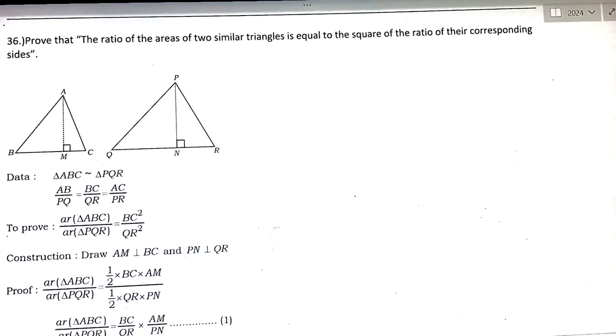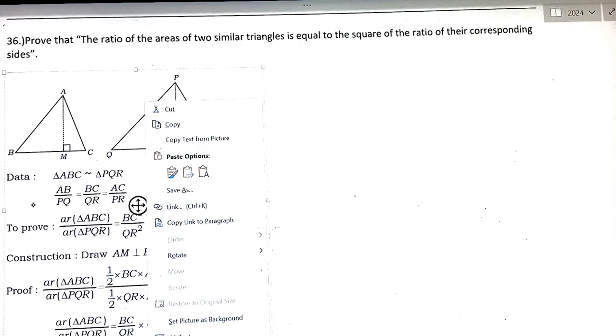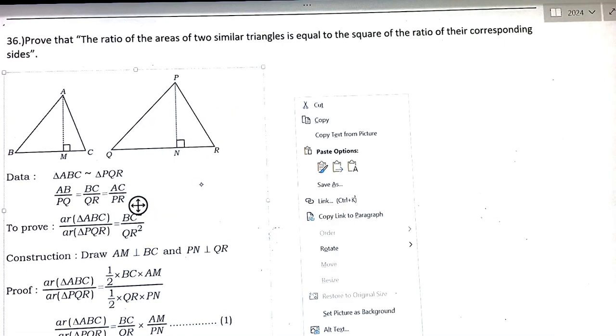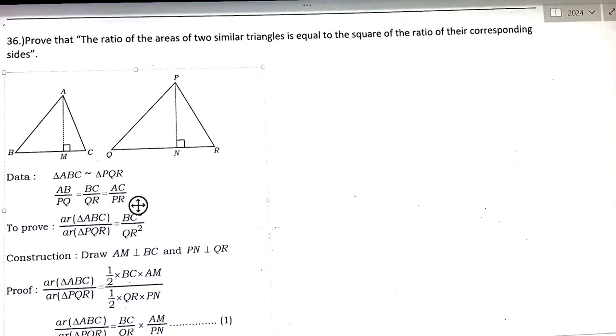Now what do we need to prove? We need to prove area of triangle ABC divided by area of triangle PQR is equal to BC square by QR square. It is the square of the sides. We need to prove this.